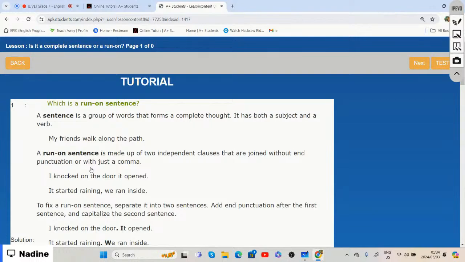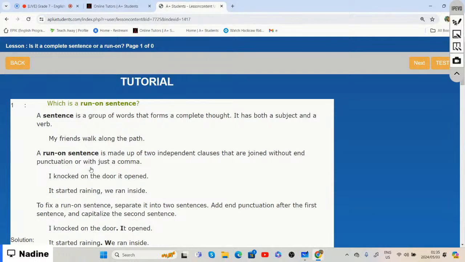All right. So we said a sentence is a group of words that forms a complete thought. It has a subject, which tells us who or what we're talking about, and it has a verb, which shows us the action the subject is doing. So now we have run-on sentences, right?